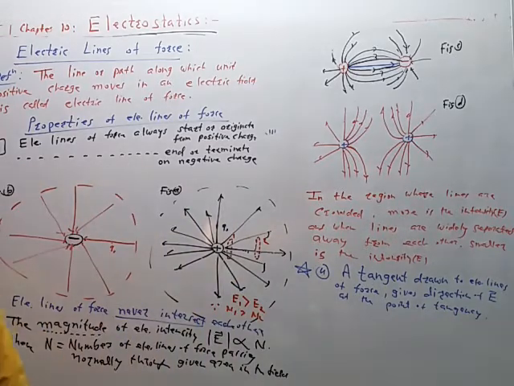So direction is given by the tangent and magnitude is given by counting the number. So we can give the magnitude as well as the direction.